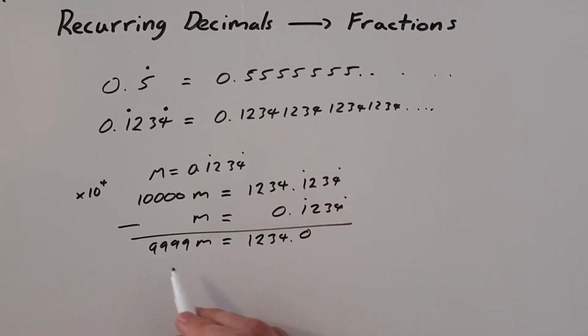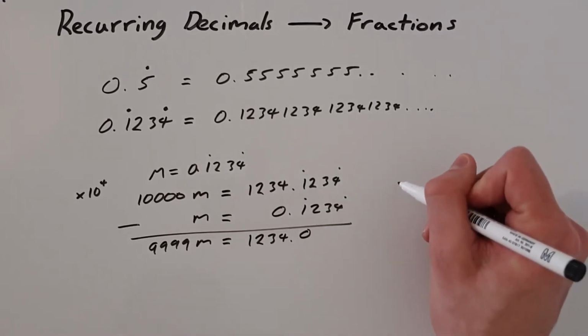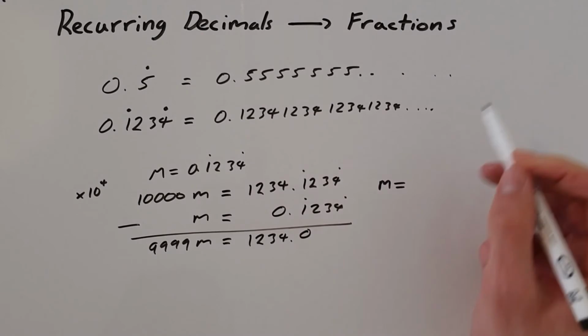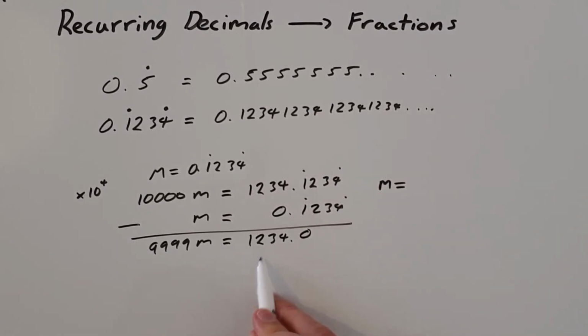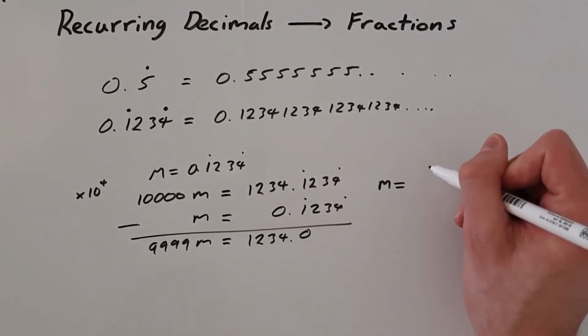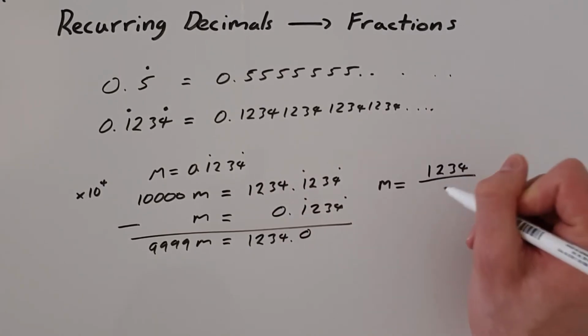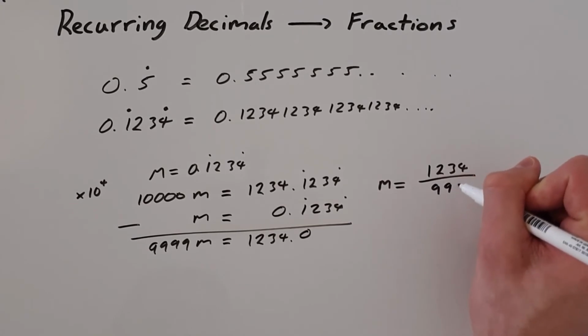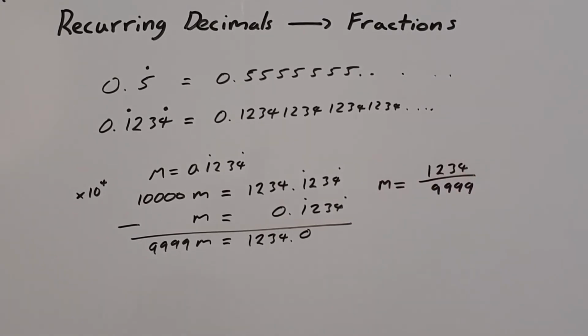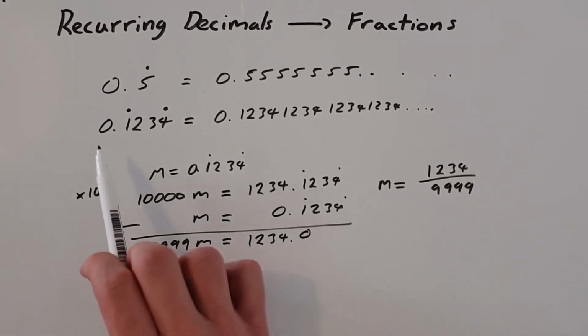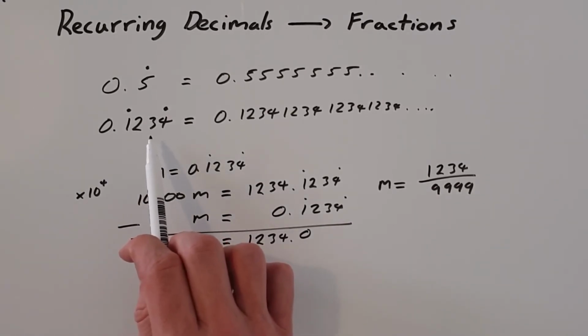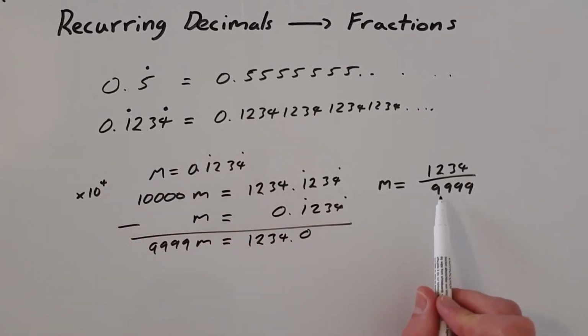So now we have 9,999m equals 1,234. Our m would be this divided by this, so m is 1,234 over 9,999. This is the 0.1234 recurring converted into a fraction.